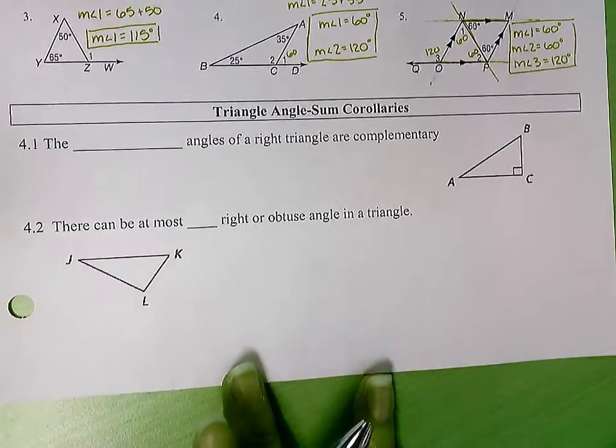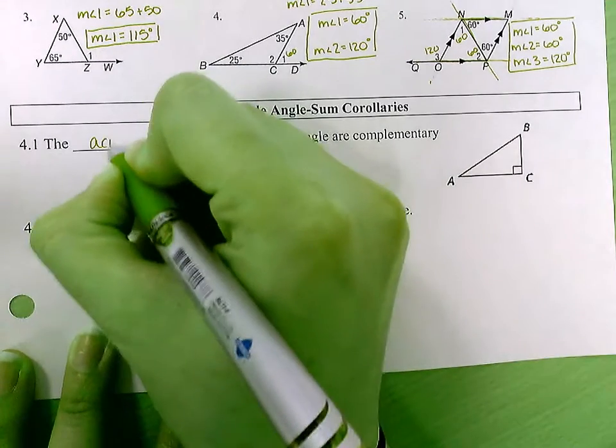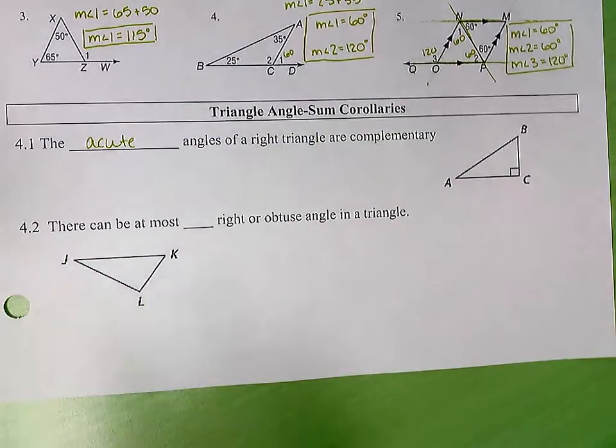At the bottom here I have some corollaries to our theorems. So the acute angles of a right triangle are complementary. What does complementary mean? They equal 90.